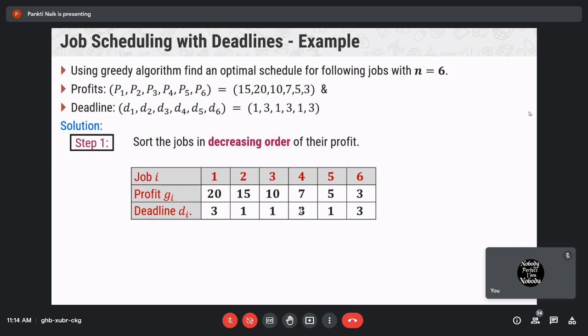First 20 with deadline 3, then 15 with deadline 1, then 10 with deadline 1, then 7 with deadline 3, 5 with deadline 1, 3 with deadline 3. So this is your first step.